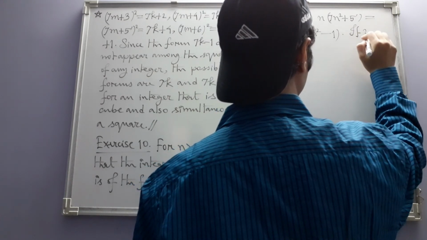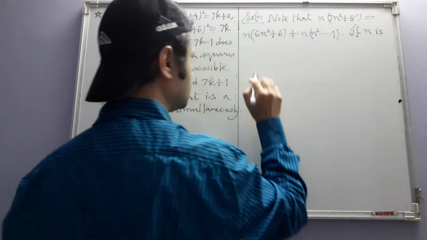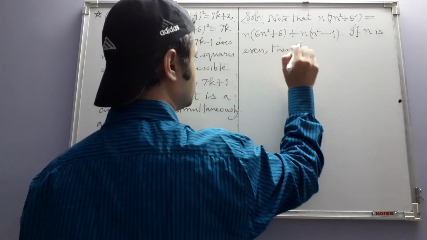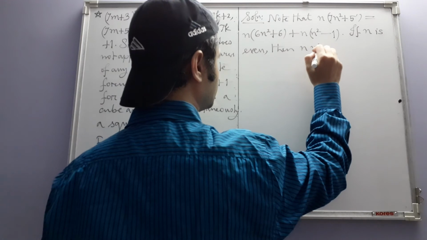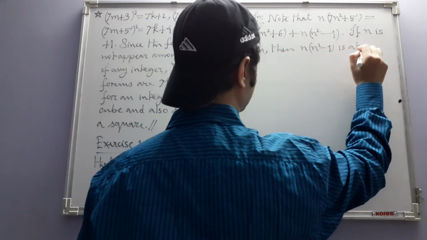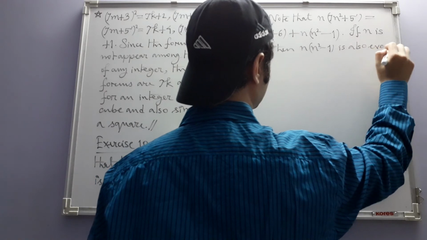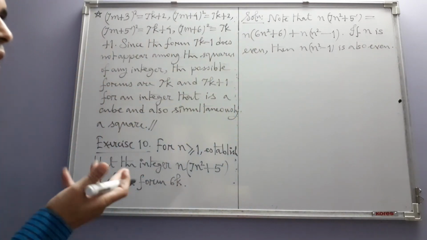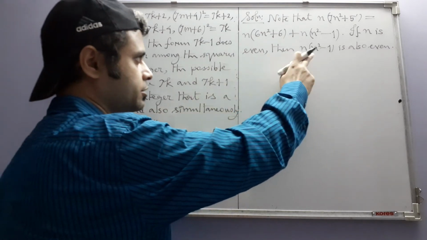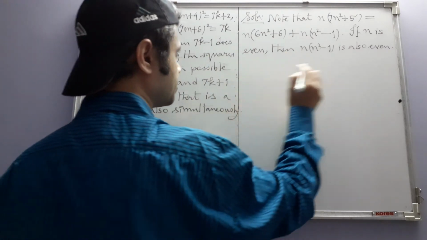If n is even, then n times n square minus 1 is also even, because n is divisible by 2. If that is the case, then this is also divisible by 2.